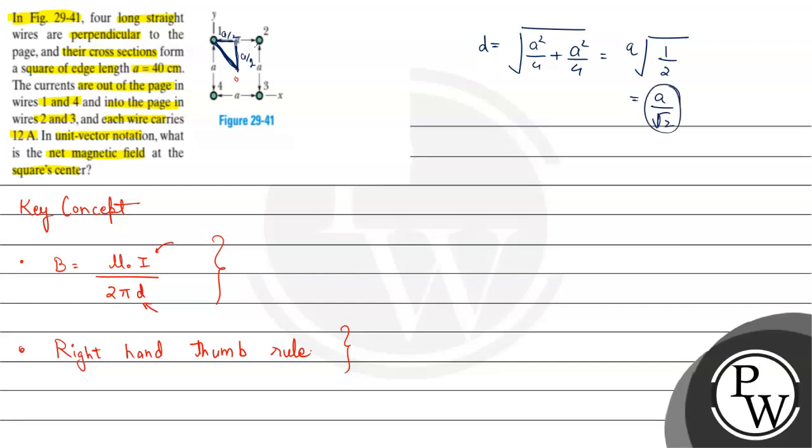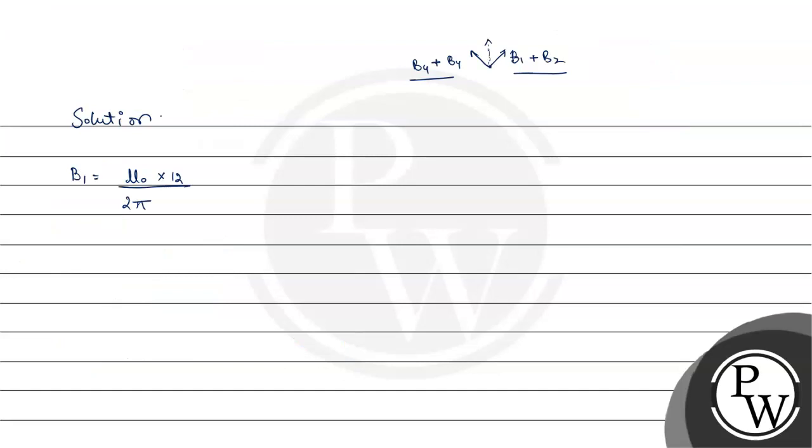A is given as 40 centimeter, so the distance will be 40 into 10 to the power minus 2 meters, and root 2 goes in the numerator. So we can solve it.